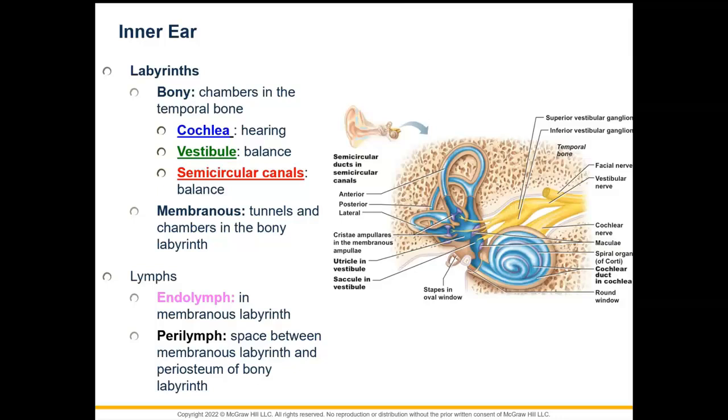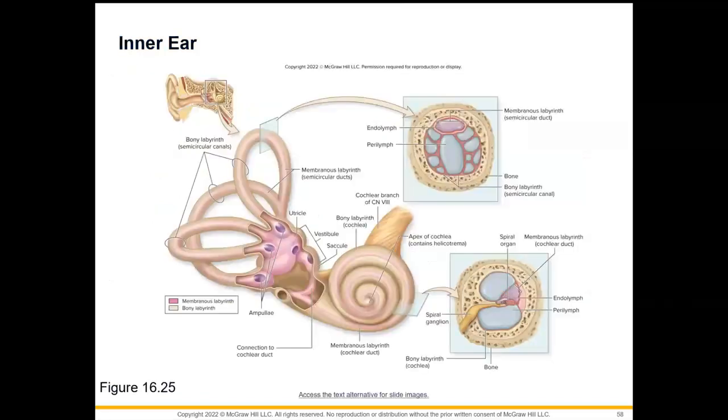Now it's hard to see in this illustration, so let's move into the next slide, where you can see an area of the cochlea has been sliced, so we can see a cross section of these chambers. The light blue represents the perilymph, again between the membranous and the bony labyrinth, and then in the center here we have the endolymph that is found in the membranous labyrinth.